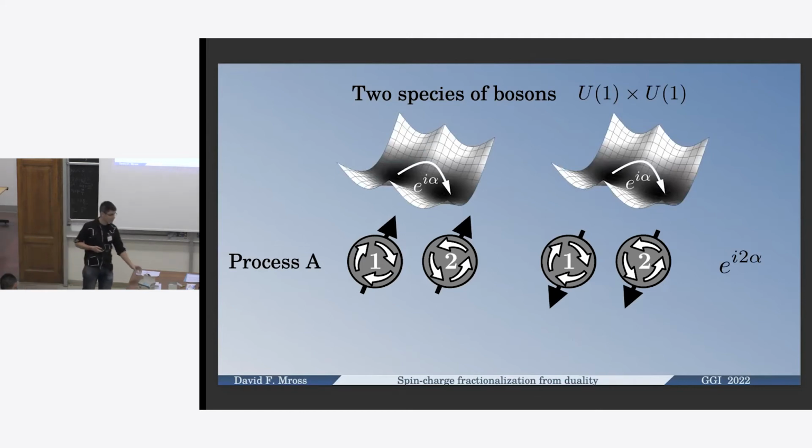You can certainly think about a process where one vortex hops, changes its flavor, and at the same time, the vortex for the down bosons also changes its flavor. And if under some symmetry, this one gives my term, say, some phase, then for this combined process, I'm getting twice the phase. But that's still pretty simple. So it's some process which I may consider. But depending on how these guys transform under my symmetries, there's generically still some non-trivial transformation.